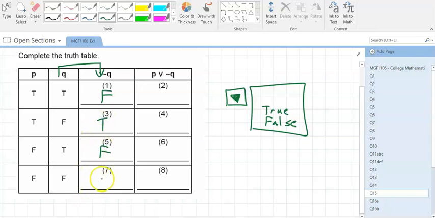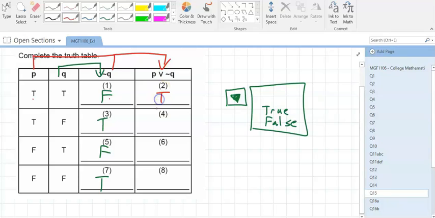And now, what does this V mean right there? Or. So we're looking at P and the negation Q column, and that's what's going to help us get that column. Again, we just said a moment ago, ors are only false when both are false. So when we look at here, I've got true and false. What does that give me?